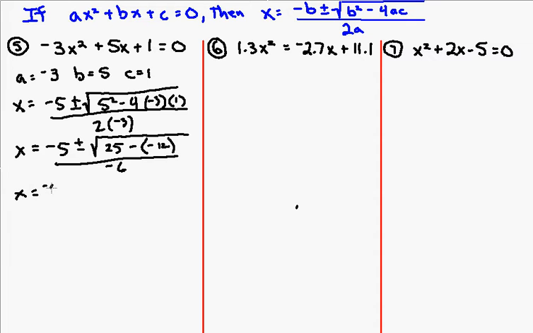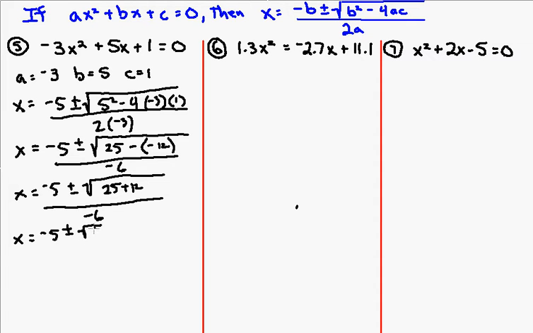So I have x is equal to negative 5 plus or minus, here I've got 25 plus 12, over negative 6. X is equal to negative 5 plus or minus the square root of 37 over negative 6.